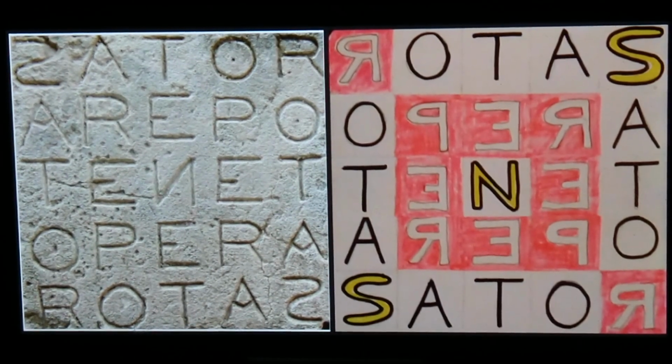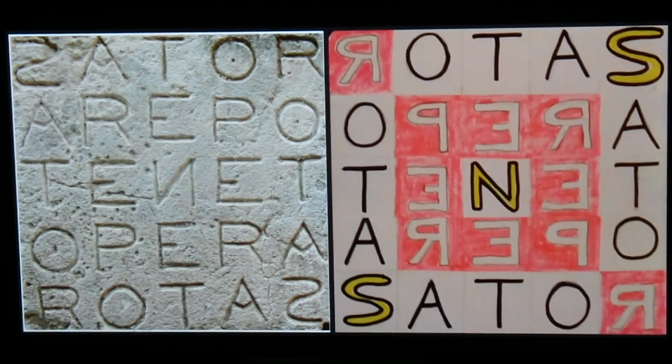N is the 14th letter of the English alphabet. And again, off to the left right now, you can see the original screenshot of that Sator square found in France, supposedly. The N is backwards, and so is the S's. There's something to be said about the S being similar to a manipulated N, but we're just going to stay with the 14 here.